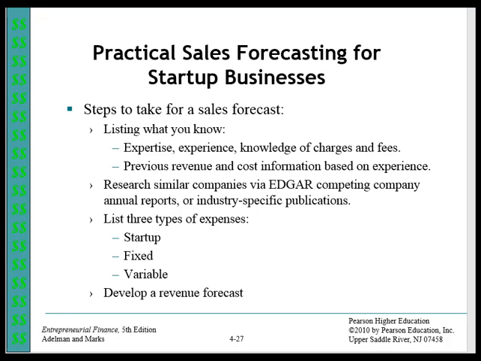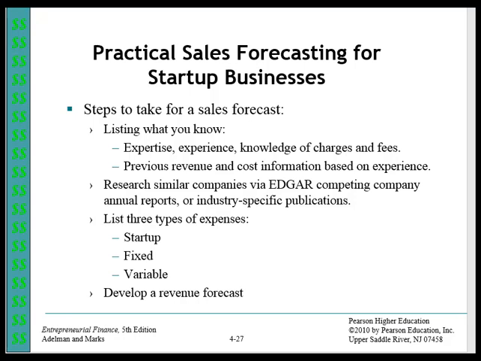The last thing to talk about is how we can utilize this forecasting. One of the things we may need to do is develop a business plan. A business plan is going to have predicted financial statements in it. So we need to have ways of predicting sales forecasts.